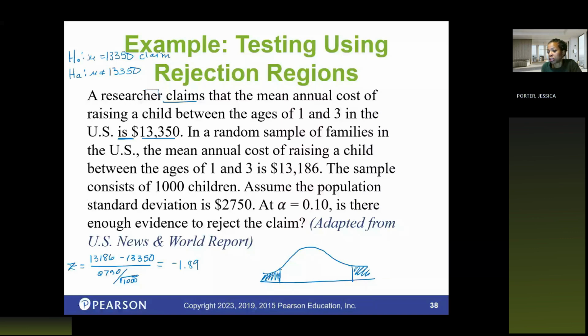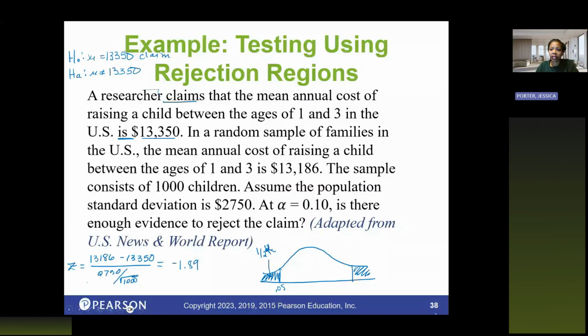Remember, half alpha. So you would be looking at 0.05 on this end, and then it's the same thing on the other end.